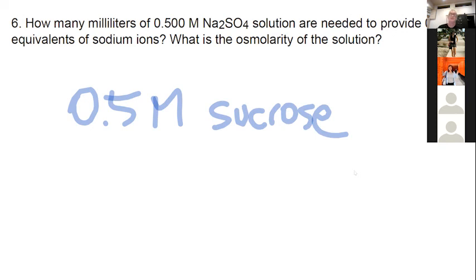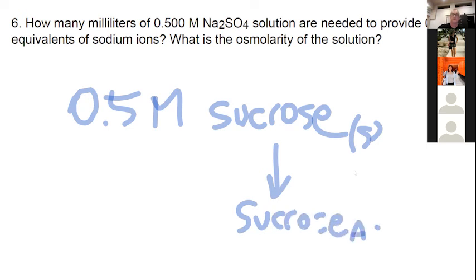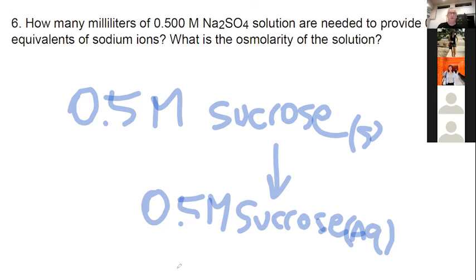It's the same, because when sucrose dissolves in water, all I get is sucrose aqueous. It doesn't break into anything else. It just becomes a solubilized sucrose molecule. So the concentration is exactly the same. Yeah, excellent.